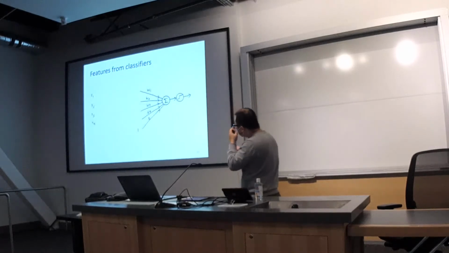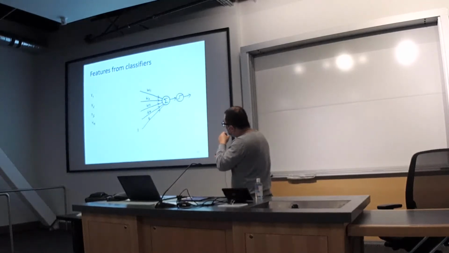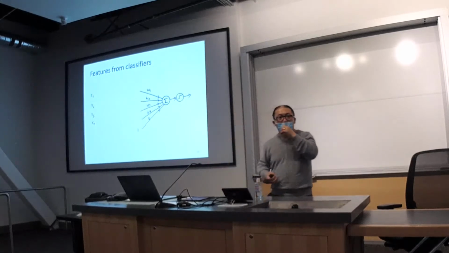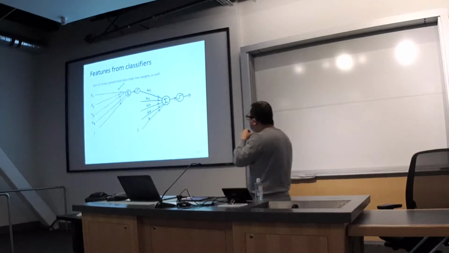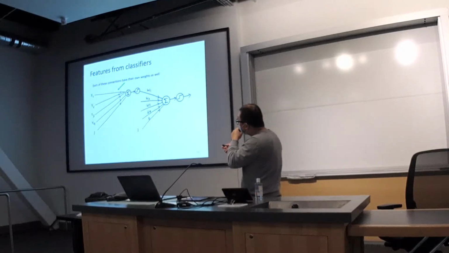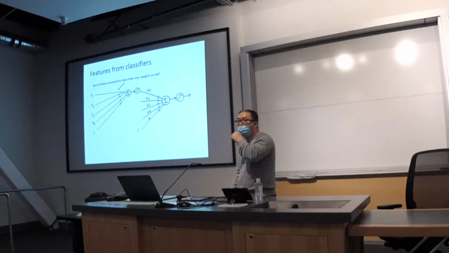Suppose we place our original data here, and then we construct a set of lower level linear threshold units. The output of the first lower level linear threshold unit will serve as input of our final linear threshold unit.